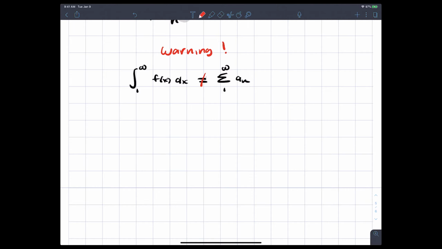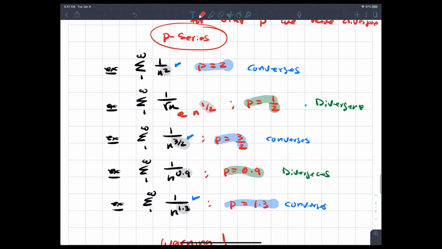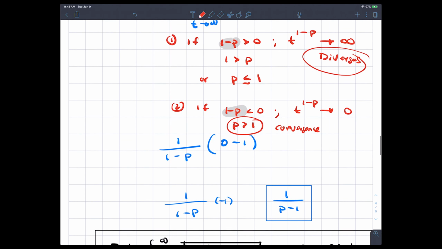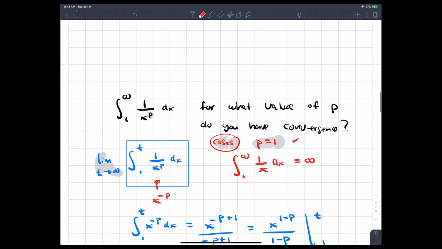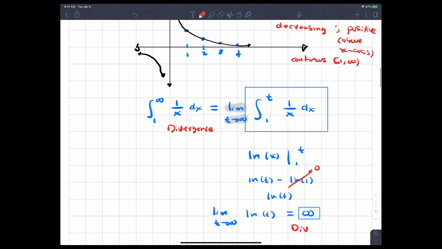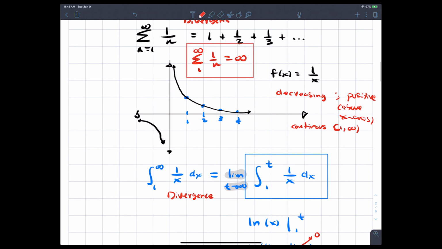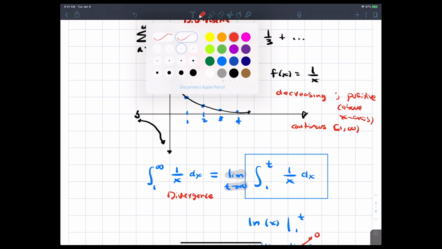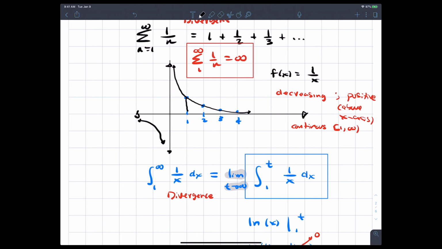And you might say, well, why do you have to warn us? Well, go back to this original question here when I drew this picture here, right? An improper integral over an interval here, we go from 1 to infinity, right? We're talking area under a curve. Area under a curve is not the same as the sum of these values here.